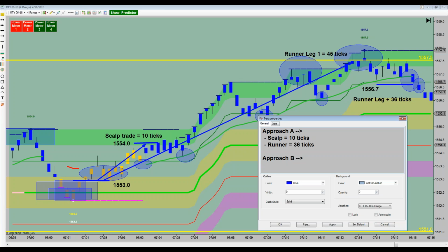Which had runner leg 1 for 45 ticks, and runner leg B, or 2, 36 ticks.